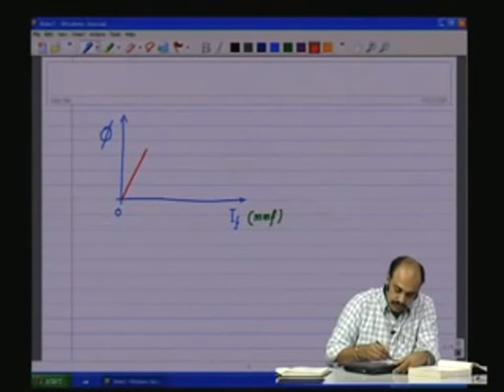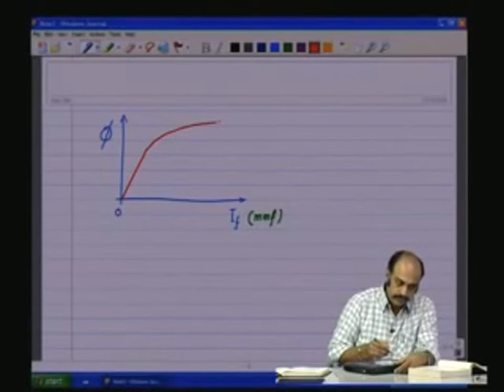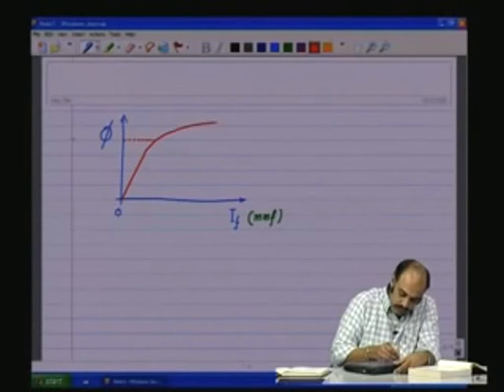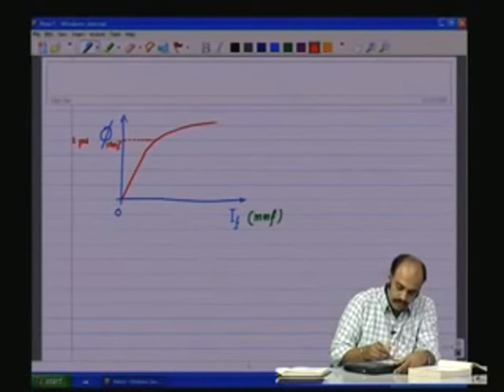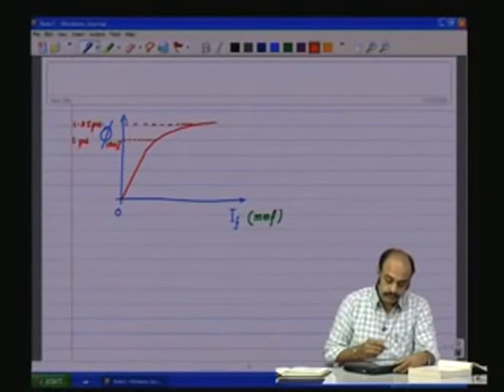After some time, if you give more field current, the flux tends to saturate. So, the flux per unit values can vary from 0 to, let us say, this is 1 per unit or 100%, and this could be somewhere around 1.25 per unit or 125%.